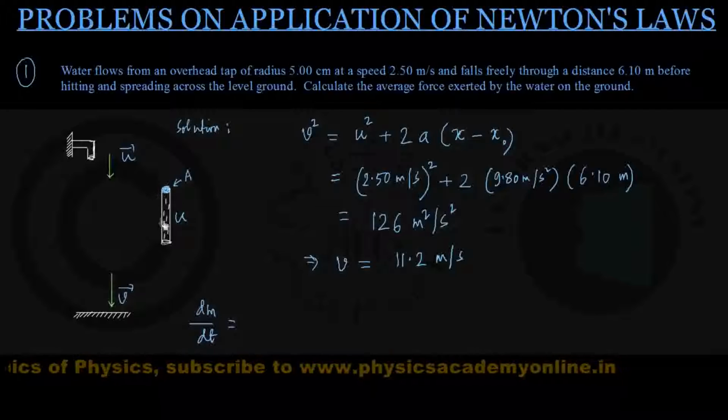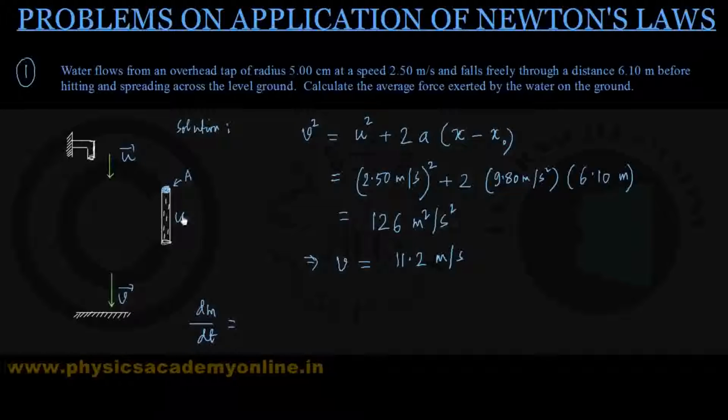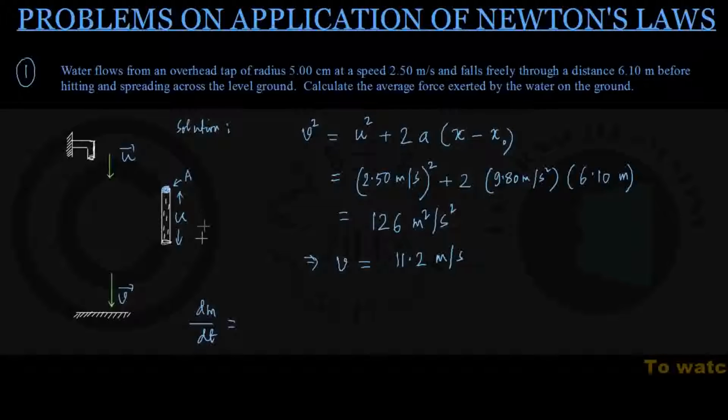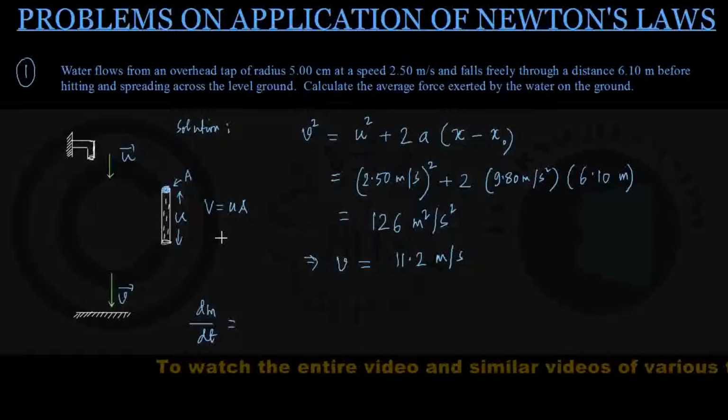So we can imagine that this is a cylinder of water coming out of the tap per second, and since its length is U, and the cross-sectional area of the cylinder is capital A, we could say that the volume of this cylinder of water coming out per second from the tap is given by the length of the cylinder multiplied by the cross-sectional area.